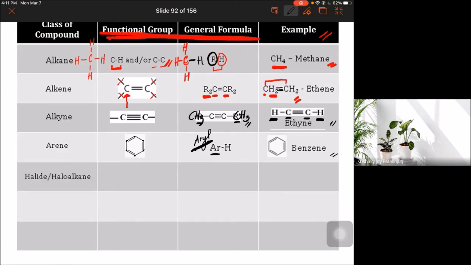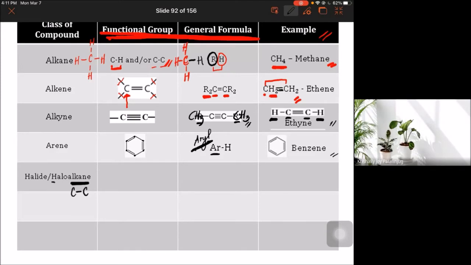Then, we also have haloalkane or the halide. Okay? Yung haloalkane, halide, based on the name itself, so may alkane. And we all know that alkane contains carbon to carbon single bond. So, may chain of single bond, carbon to carbon.